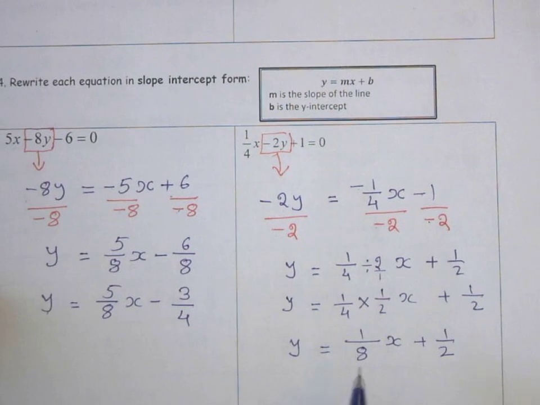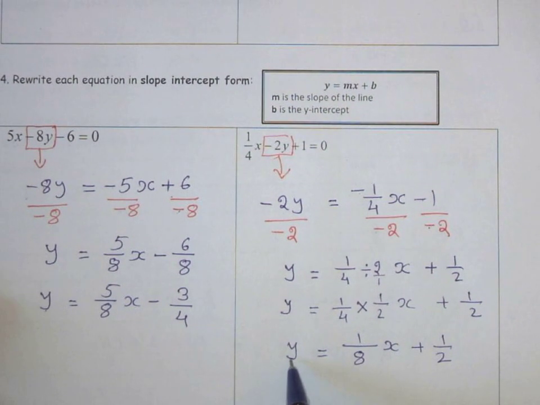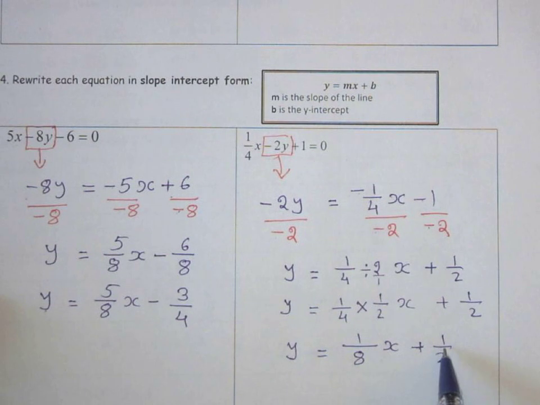Now you see the left side is y all alone, and the coefficient of x is 1 over 8. That is the slope, and you have a constant term, the b here, which is 1 over 2, and that is the y-intercept. So we could say this equation is written in slope-intercept form.